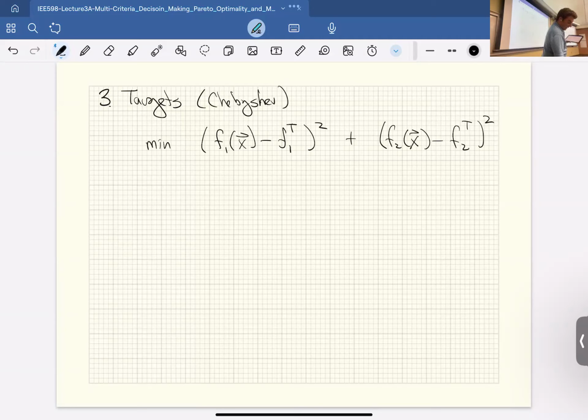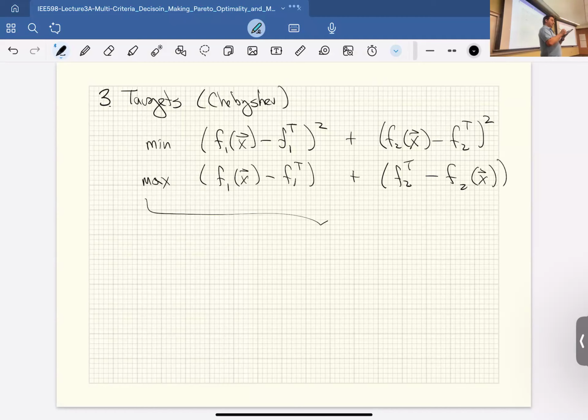Or you could maximize the distance from a target. So I could say I'm going to maximize the distance, maybe because I want to be far away from these targets. I might have different ways I like to set this up.